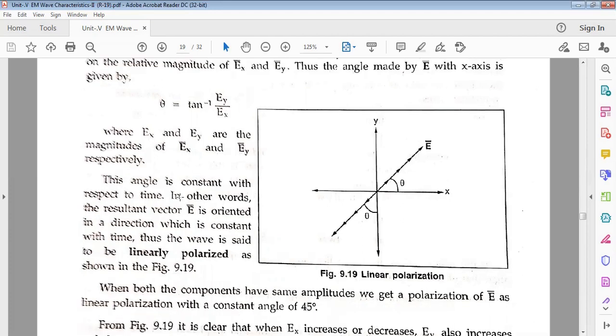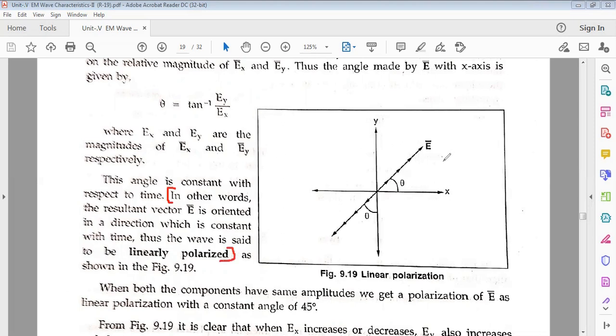In other words, see, these are very important information. The resultant vector E bar is oriented in a direction which is constant with time. Thus, the wave is said to be linearly polarized.